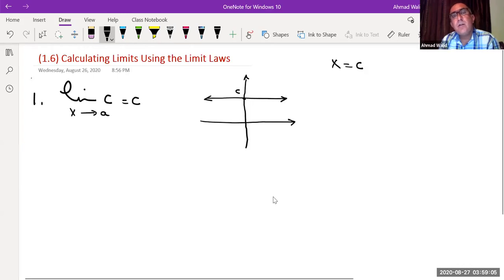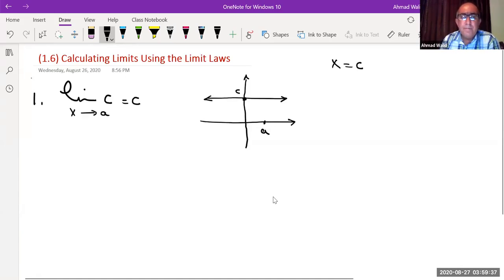Now I have a point A. When I am writing the limit of C equals C, that means as I'm approaching A, if I go this way, at any point you see on the Y axis, I have just this point. That's why the limit of a constant as x approaches A is the constant C.